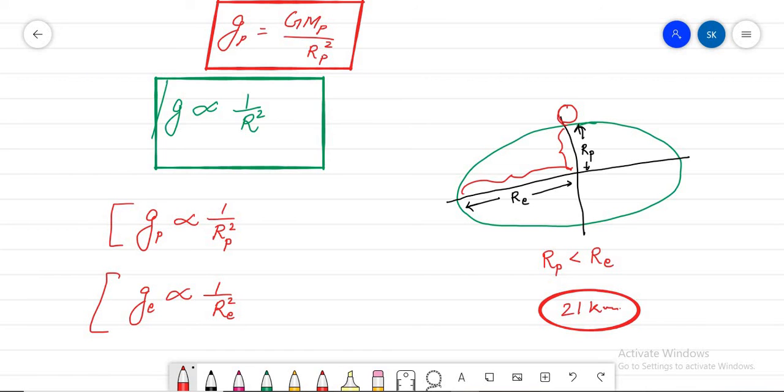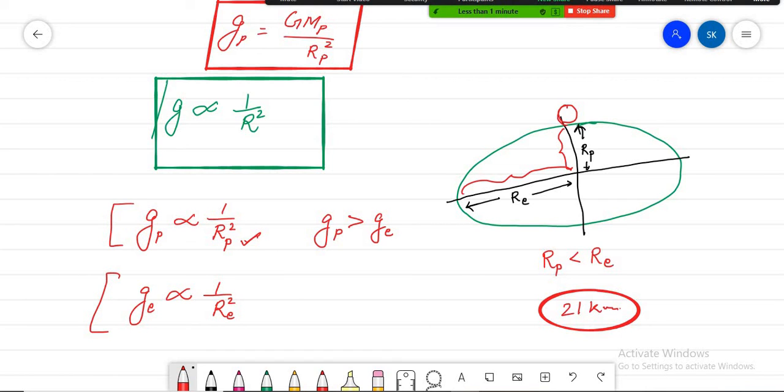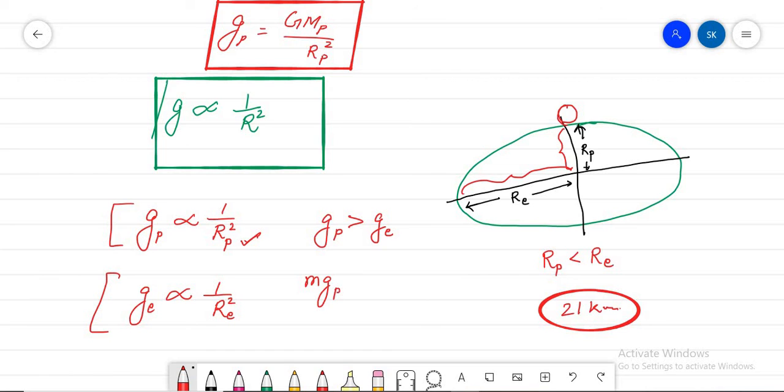Obviously, this one has the smaller radius, so gp is greater than ge, and that means acceleration due to gravity at the pole must be greater than the acceleration due to gravity at the equator. When you multiply m on both sides, you can write mgp greater than mge.